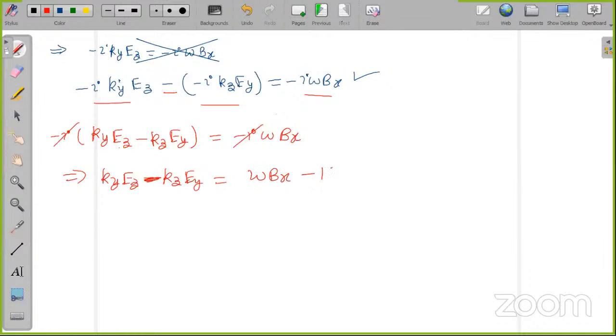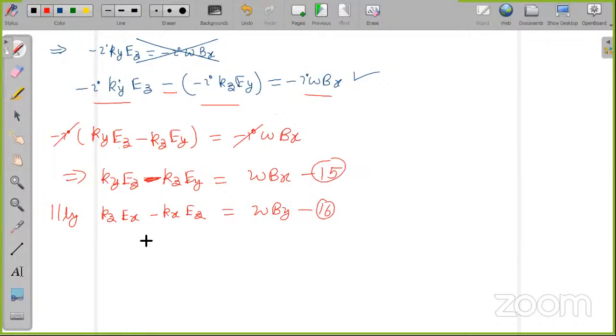This is equation number 15. Similarly, now I can write the second equation that I will obtain from the y component. It will be kz ex minus kx ez equal to omega by.